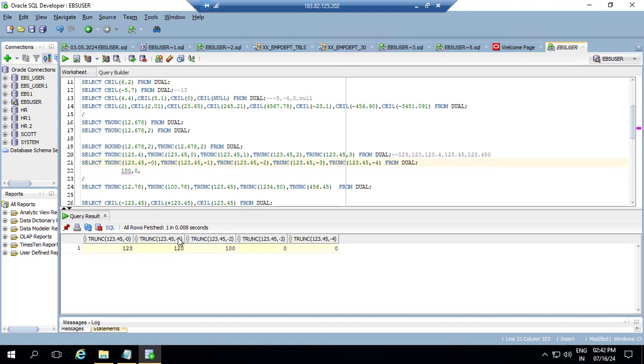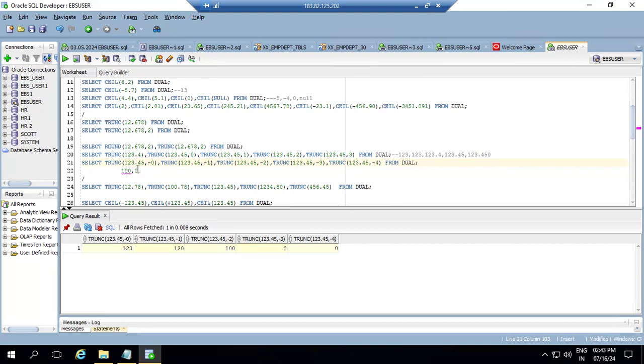Less than 5, so it gives you the output as 120 over here. Same concept only. Again for the third one, 123.45 minus 2 goes to the second digit, which is less than 5, so 100. When it is minus 3, it is less than 100, so obviously 0 here. Again for 4, we don't have the digit over here, so obviously it is 0.